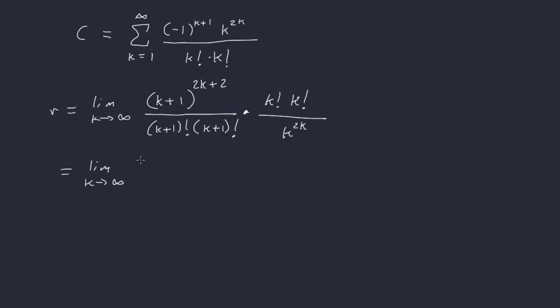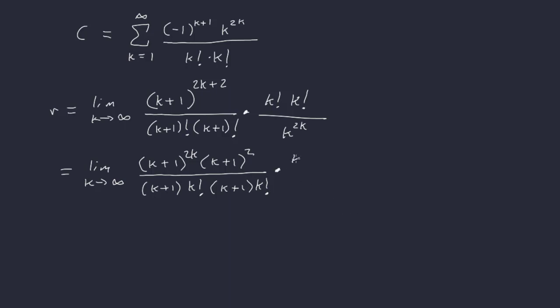Okay, and so then I can simplify that to be k plus 1 to the 2k times k plus 1 squared. Then here, I'm going to do the normal factorial thing, k plus 1 times k factorial times k plus 1 times k factorial.